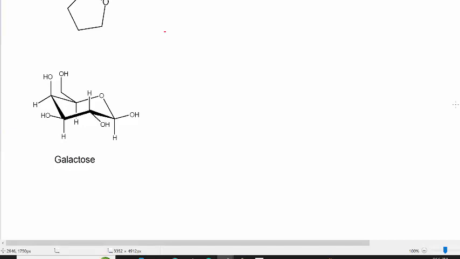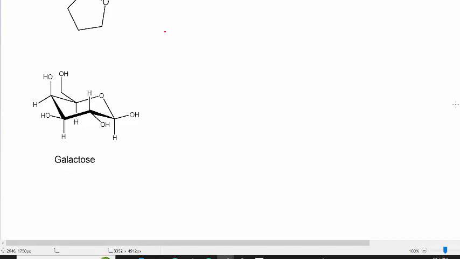Both glucose and galactose are aldohexose compounds. All right, well, let's proceed. Now this one might seem to be a little trickier because there's oxygens and OH groups all over the place. Don't let that get in your way. Look carefully and find the head carbon, the carbon directly attached to two oxygens.